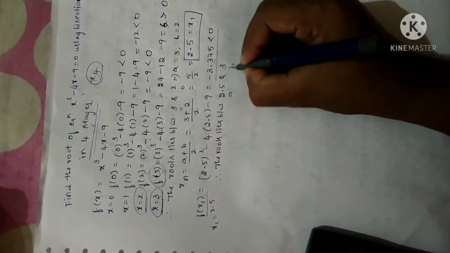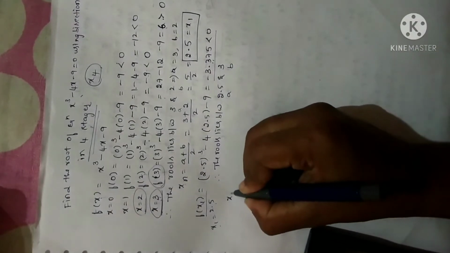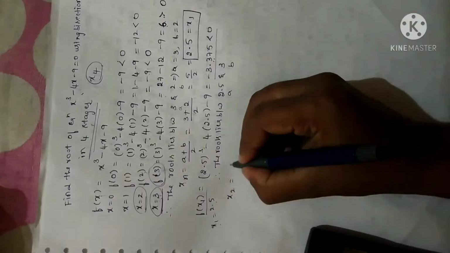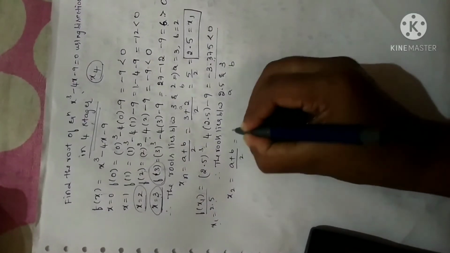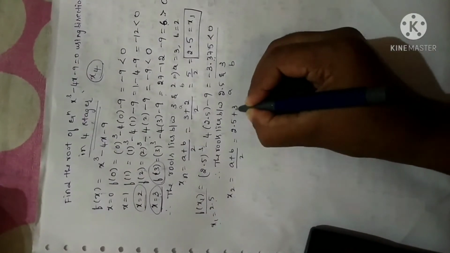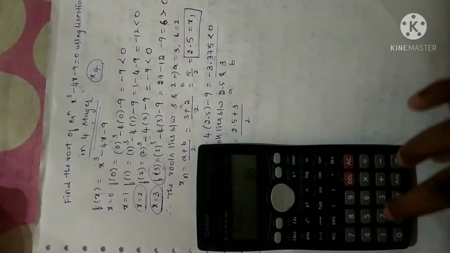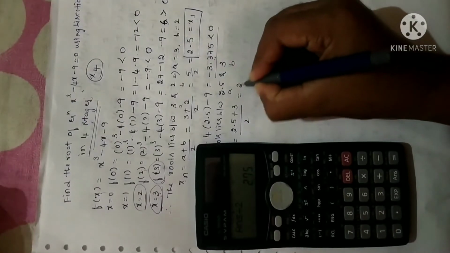Take the one value as a and the other value as b. Now use the formula for x2. I have already obtained x1, so let me take this as x2 is equal to a plus b by 2, which is given by 2.5 plus 3 by 2. 2.5 plus 3 divided by 2 gives us 2.5.